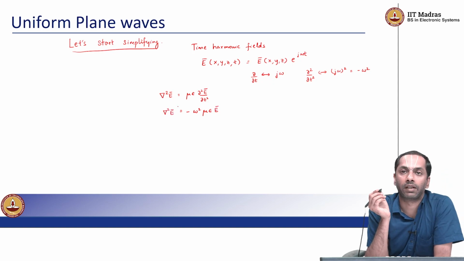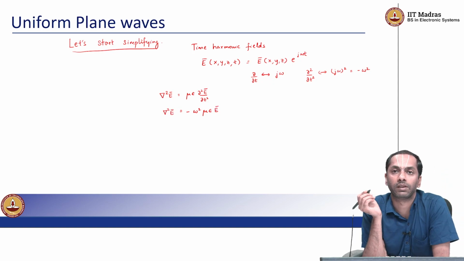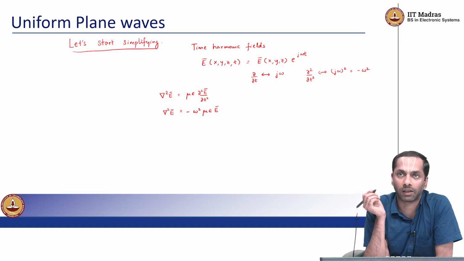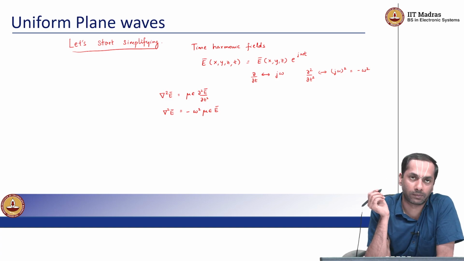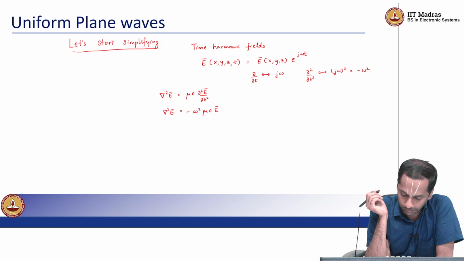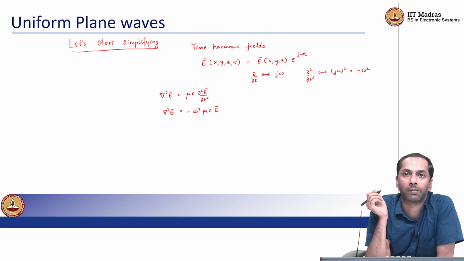So we have taken derivatives and replaced them with algebraic numbers. Essentially we are doing a Fourier analysis both in time and space.